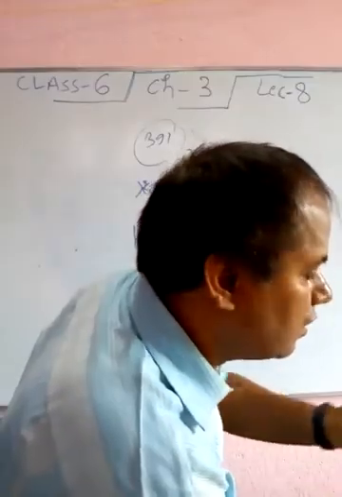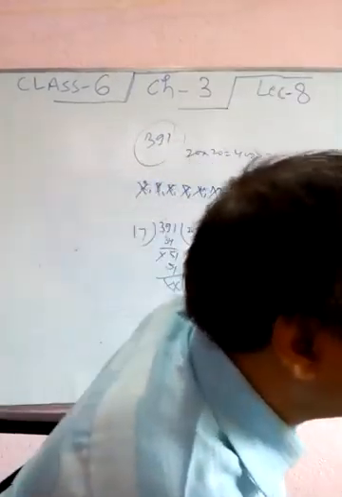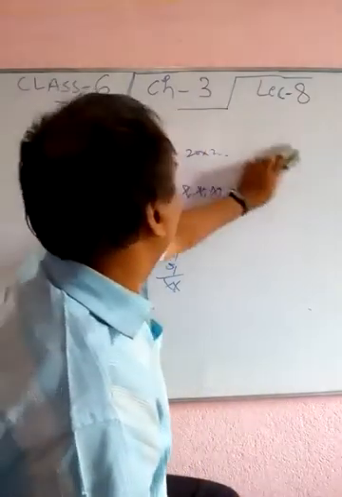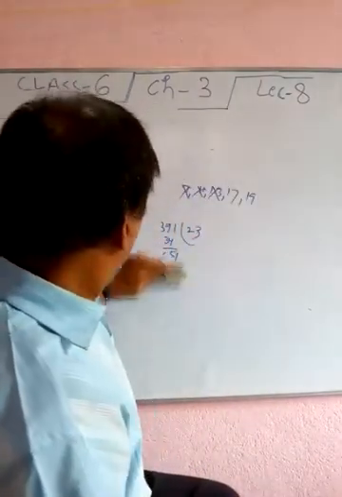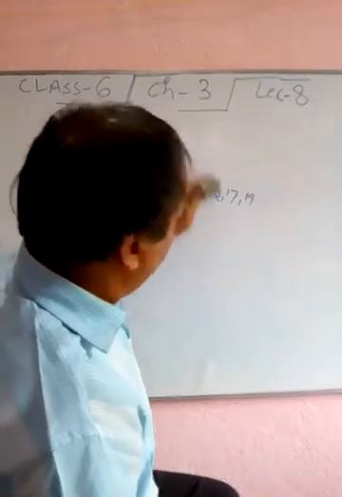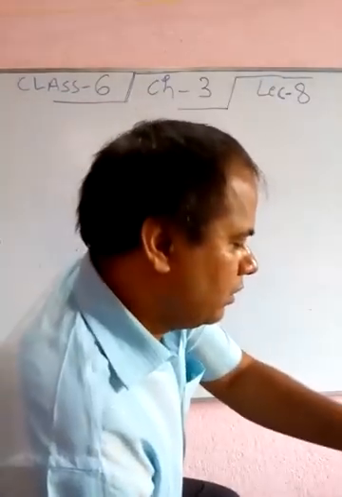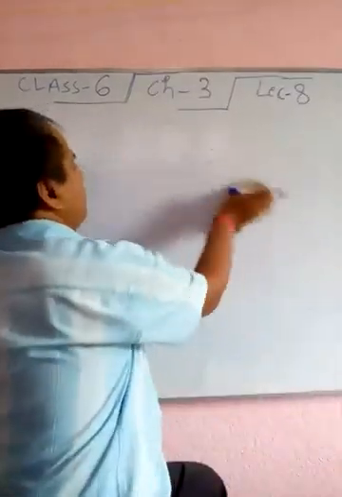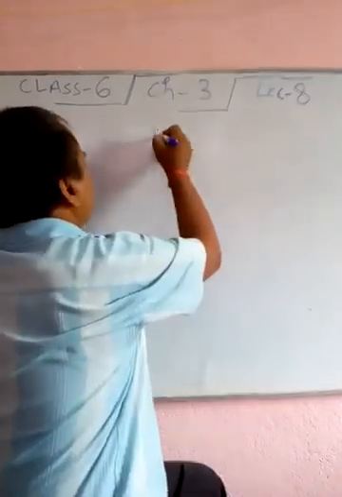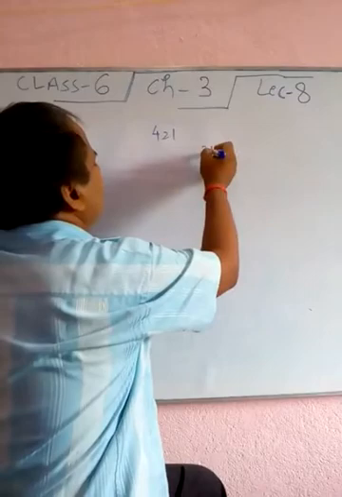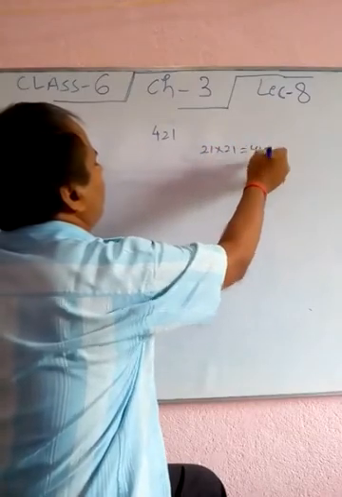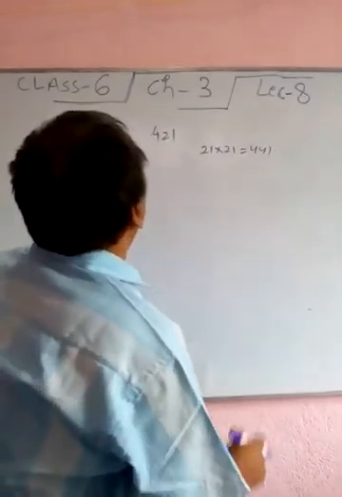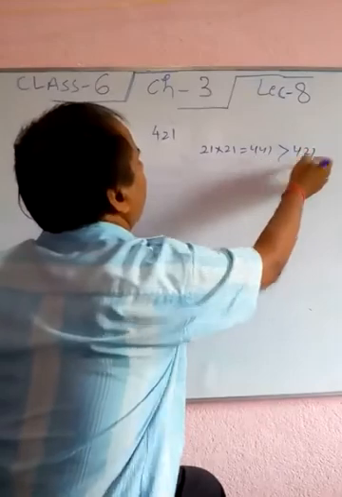Next is 421. 21 into 21 is equal to 441, which is greater than 421.